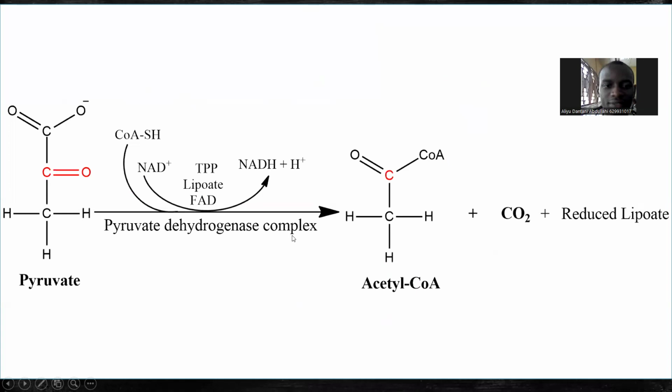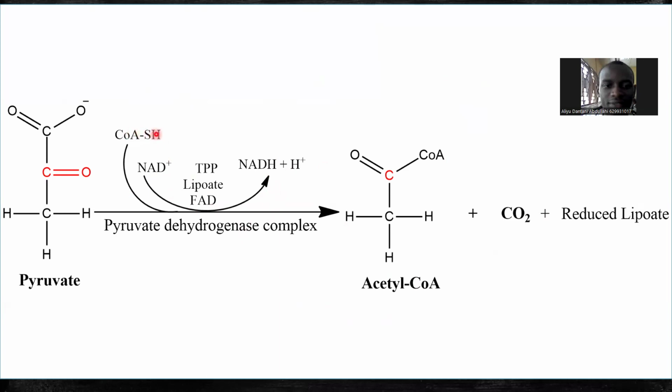This enzyme is a complex, not just one enzyme, but three enzymes working together. So I think it should fit the description of what we call a trifunctional enzyme. This enzyme requires NAD plus as a coenzyme, which is reduced to NADH, which also goes into the electron transport chain, right?